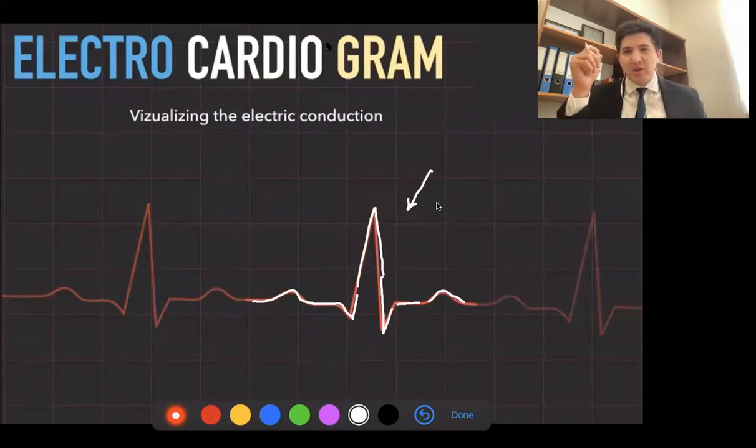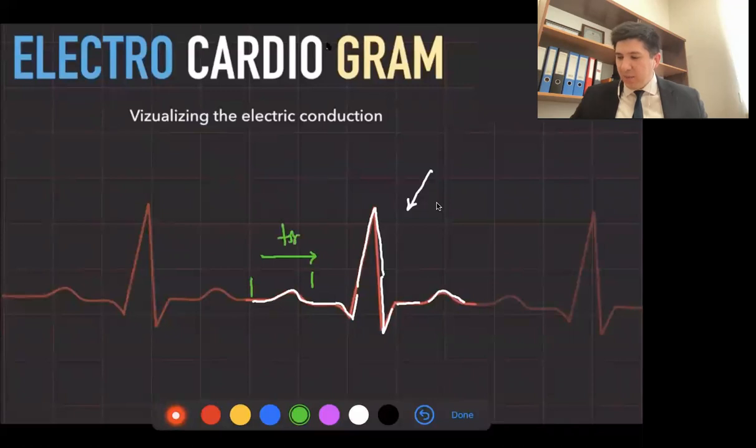Once the action potential is transmitted through the different parts of the heart, we track this and visualize it in this kind of graph. The length here basically means the time. By understanding the timing, how long it takes, there are norms for how long it should take for the signal to be transmitted through the different parts of the heart. You can even measure this. For example, if the length is different, then you understand that that particular part of the heart is not functioning well.